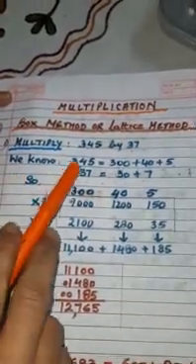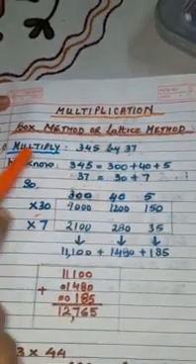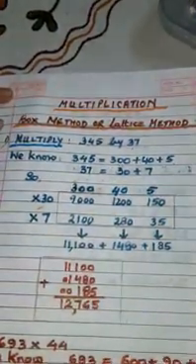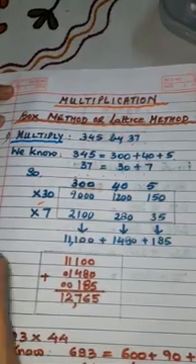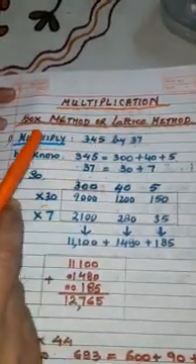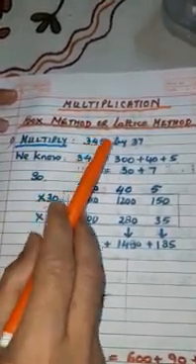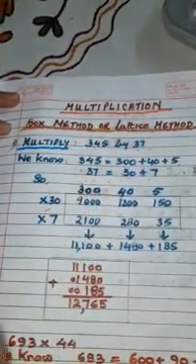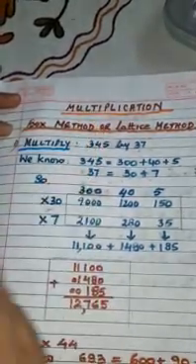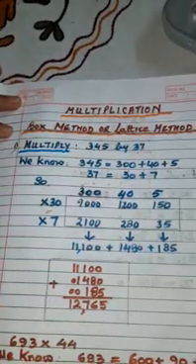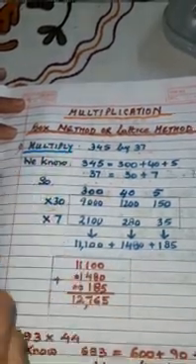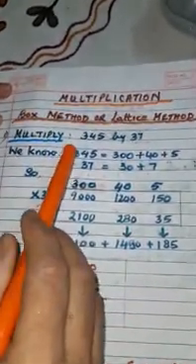We know 345 we are going to write in expanded form. How do we write in expanded form? We are going to see the digits of their places. So 5 is in the ones place, 4 in the tens place, and 3 in the hundred place. So one by one we are going to multiply the digit with their places.